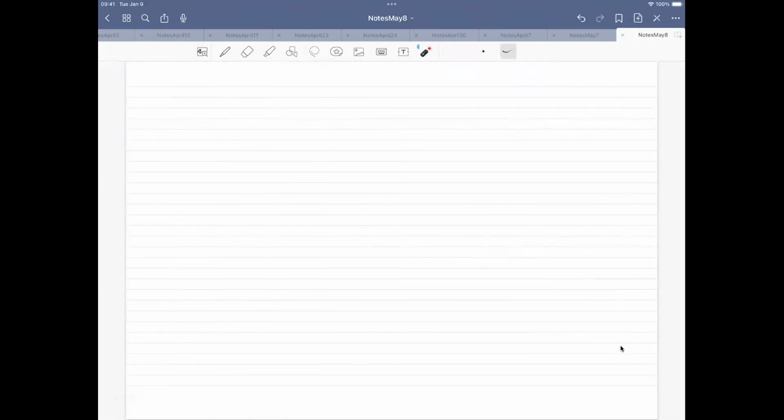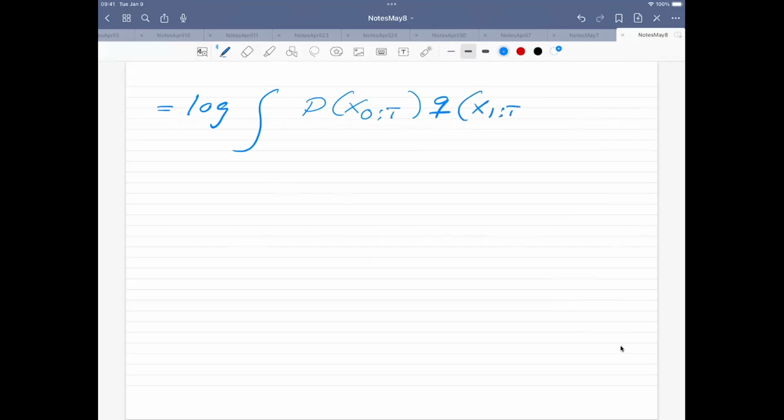So if I now write things out, what this is going to be is the log, and then I'm going to have the integral, and now I'm going to have my P of X 0 to T multiplied with Q of X1 to T given X0 multiplied with dx1 to T. So what I've done here is simply putting in 1.